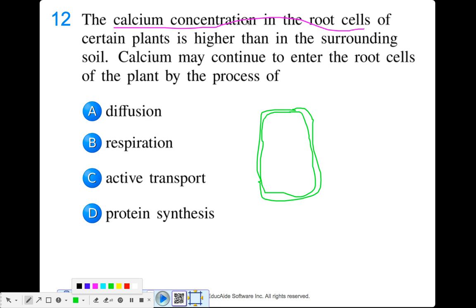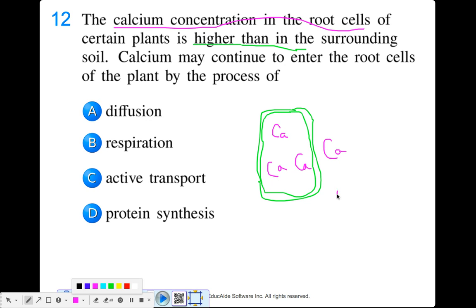Okay. The calcium concentration in the cells of certain plants is higher than in the surrounding soil. So let's just say we've got some calcium in the cell. It says it's higher in the cell than it is in the surrounding soil. So let's make 3 in the cell and 1 calcium ion out of the cell. Calcium may continue to enter the root cells of the plant by the process of what?